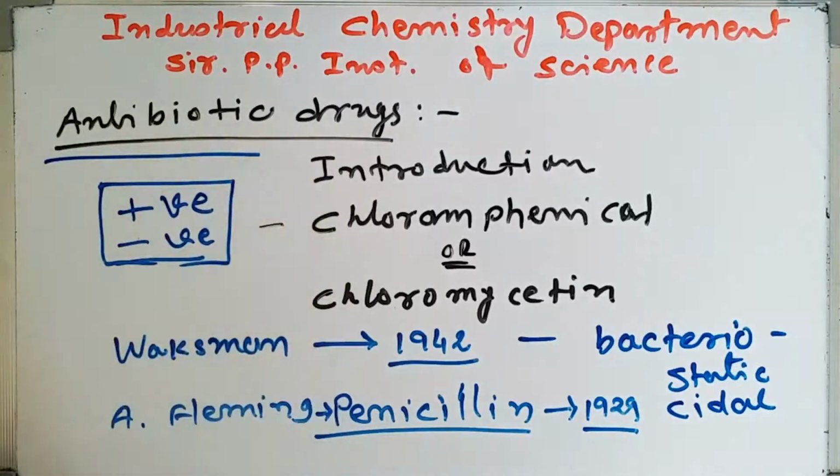If an antibiotic is active against both gram-positive and gram-negative bacteria, then it is known as a broad spectrum antibiotic. And we see the modern definition of antibiotic.